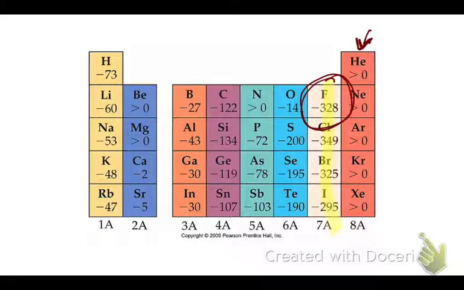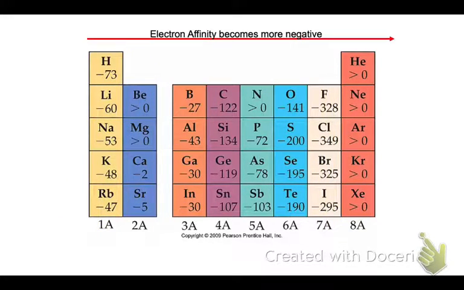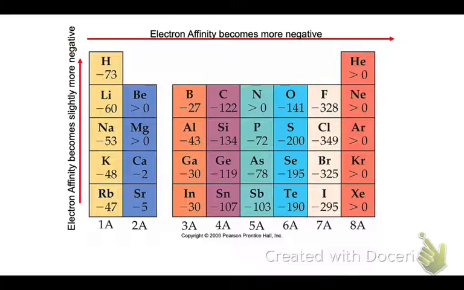Generally speaking, you will see that these values become less and less negative when you come to this side of the periodic table, because these are metals, and if anything, they like to lose electrons rather than gaining electrons. So this is the trend of electron affinity, and it is the highest going from left to right and going up a group.